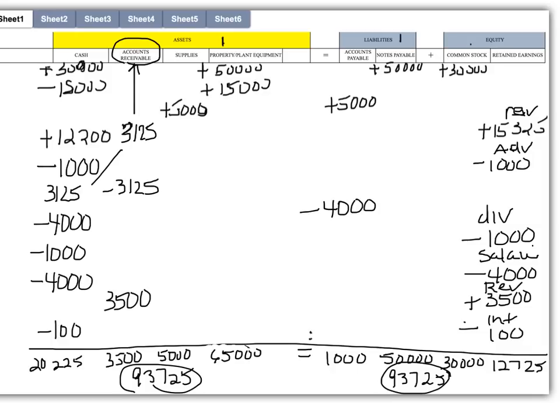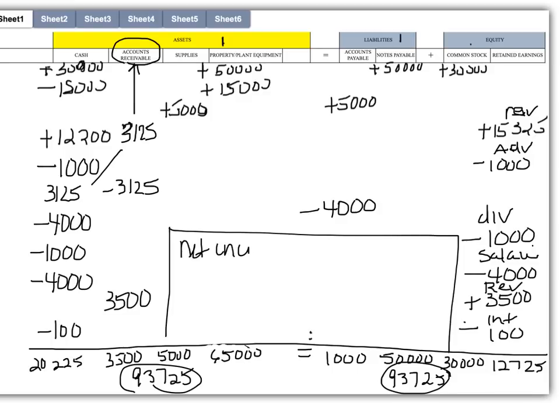If we were to take this a little further, it also asks you in this question, what is calculate handyman's net income for the month of January? So we know that net income is revenue minus expenses.